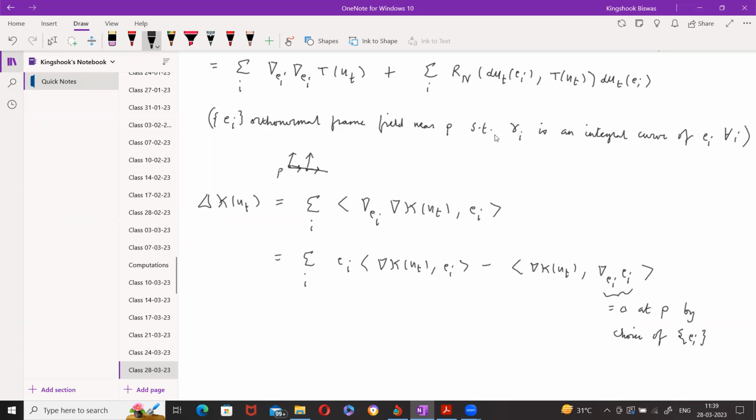So then this becomes just this first term. The second term is 0. And so this term I can write as EI acting on grad kappa inner product with EI, which is nothing but the derivative of kappa acting on EI, which is nothing but EI acting on the function kappa.